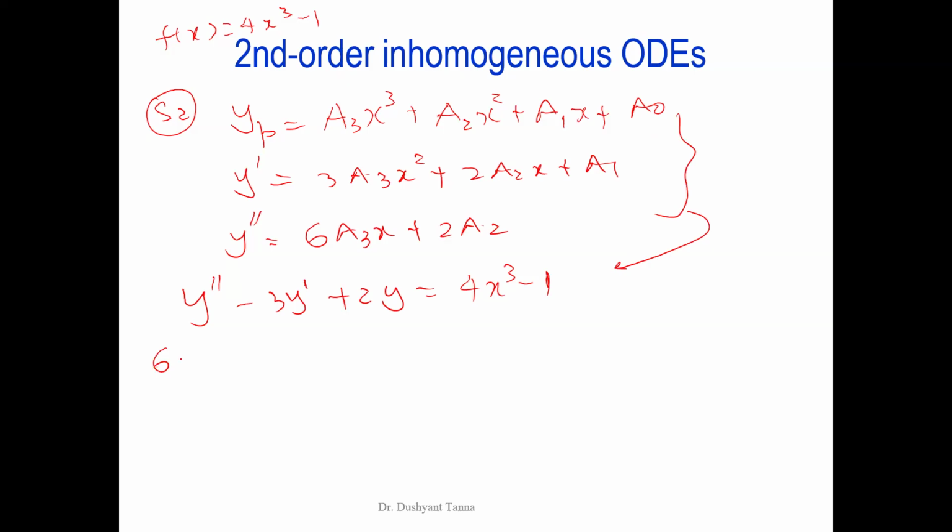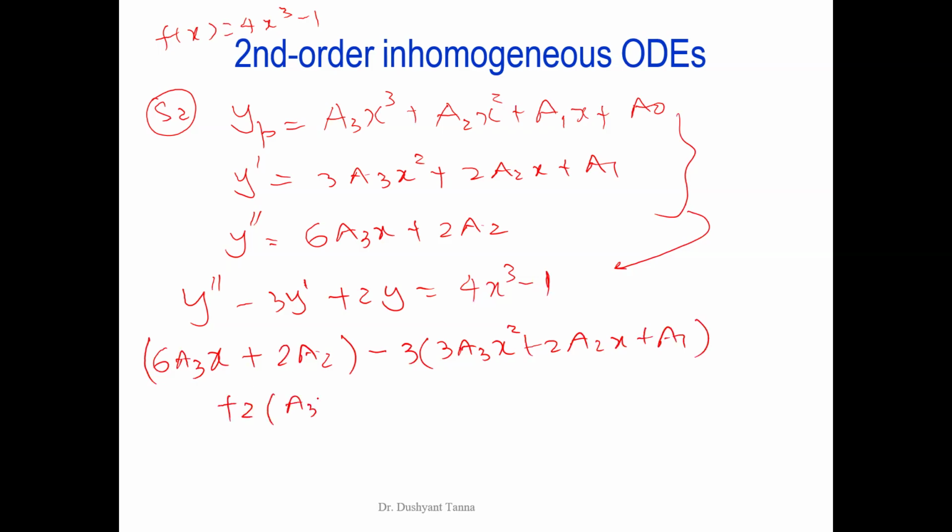So y double dash, which is 6a3x plus 2a2, minus 3 times 3a3x squared plus 2a2x plus a1, plus 2 times y, which is a3x cubed, a2x squared, a1x, a0, is equal to 4x cubed minus 1.